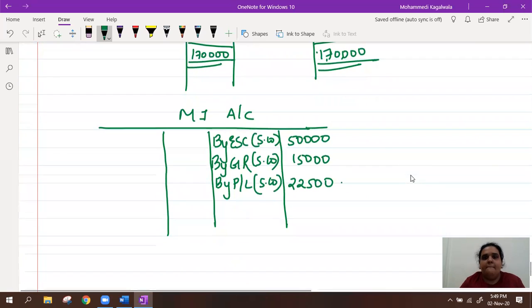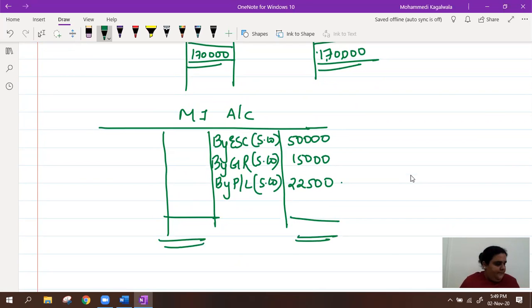Okay, and in my minority interest the total is 50,000 plus 15,000 plus 22,500, 87,500. Okay, to balance, carried forward 87,500.